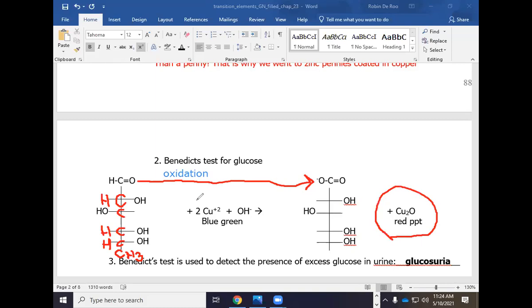And that tells you that you did have this oxidation reaction. This double bond O went to a double bond O with another O. And so you could do this with urine samples. And if you saw too much glucose in the urine, then you would have the condition glucosuria.